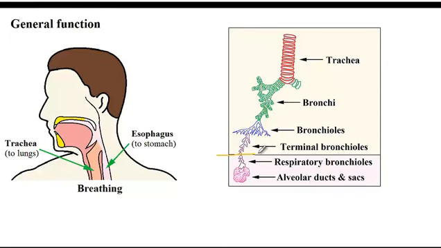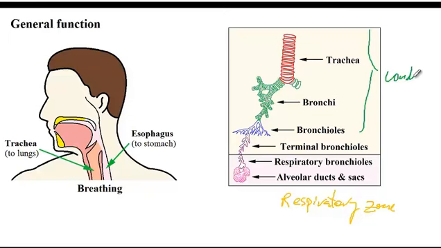And it's actually air exchange that happens in these two last structures. That's why I've shown these two structures in pink, because these are the respiratory zone where gas exchange can happen. The rest of the structures shown here are just for conducting air all the way down to the respiratory zone, but basically these are not involved in gas exchange.